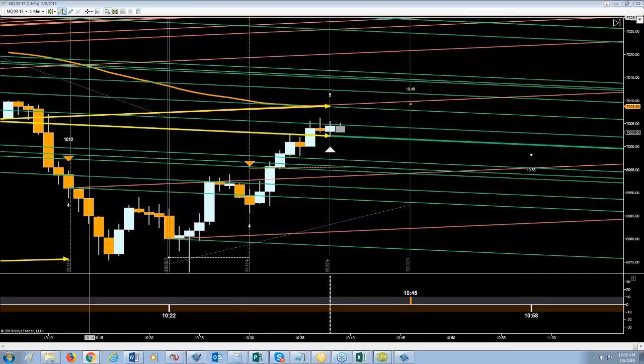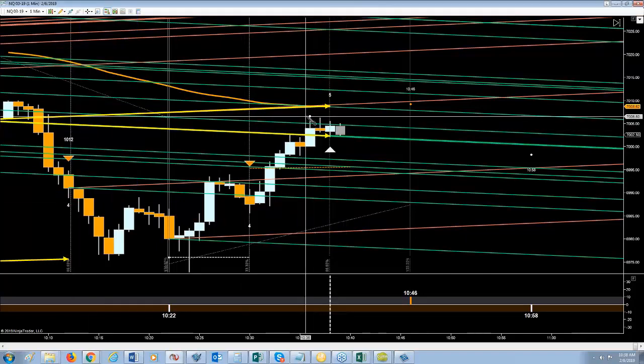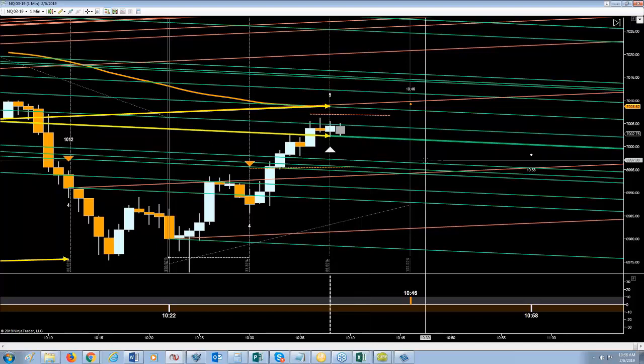Okay, so NQ right now, you are short with trend unless it goes above this line, then you are long.